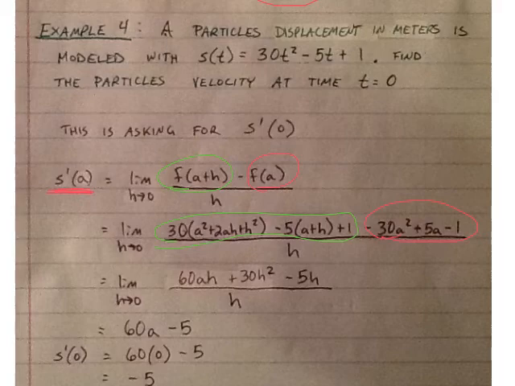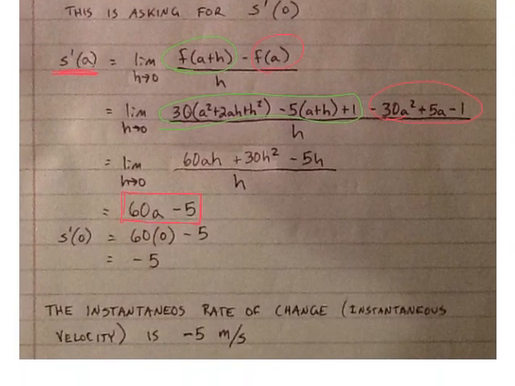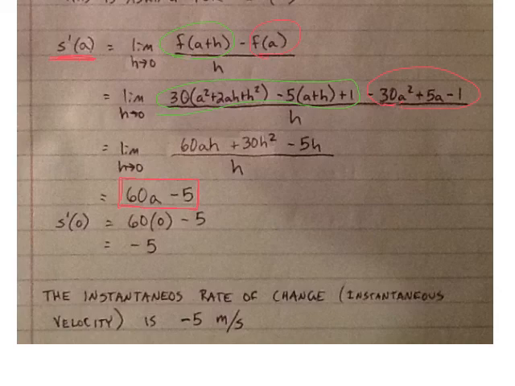If we cancel an h out of the numerator and denominator, we get the derivative of s at a to be 60a minus 5. We wanted to evaluate it at 0, so we plug 0 in and get an answer of -5, which means the instantaneous rate of change, or instantaneous velocity, is -5 meters per second.